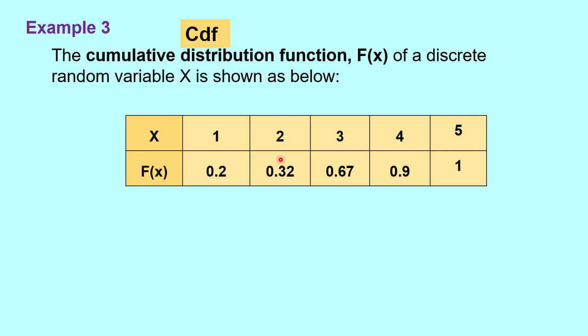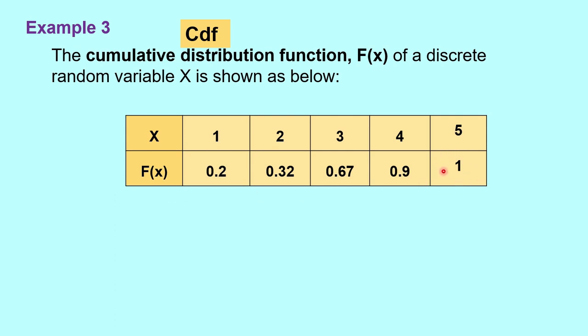When x equals 2, capital F is 0.32. And take note that the value of CDF is increasing, from 0.2 up to 0.32, 0.67, 0.9, and lastly 1. So CDF here means the sum of the probability, until the last value is 1.